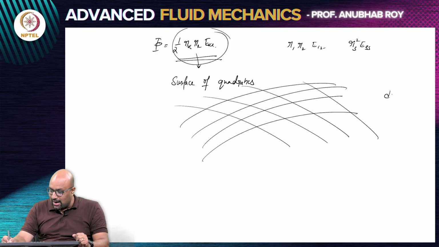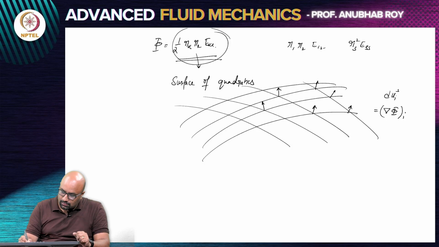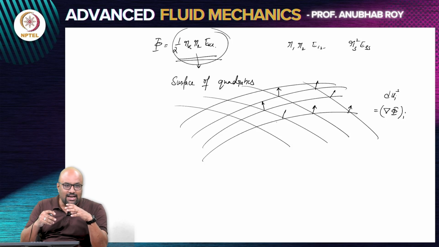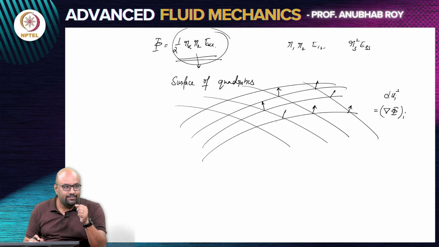And the symmetric part, which is DUIS of that velocity, is given by the gradient of that surface. Now, gradient of a surface is going to point normal to that surface at every point. So, the symmetric part is actually a vector that is jutting out in the normal direction to that particular surface.